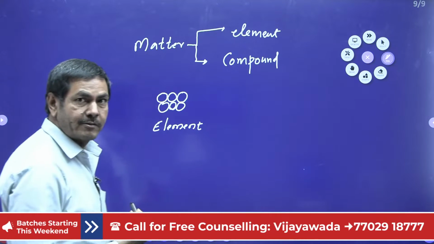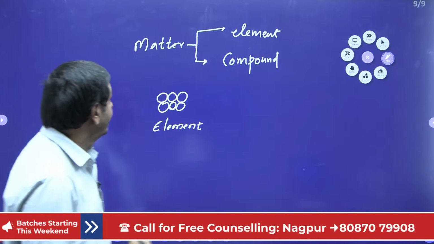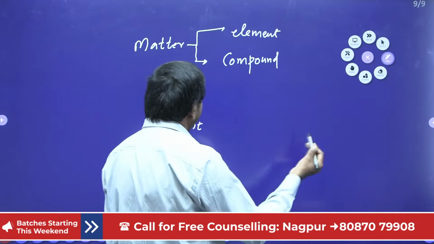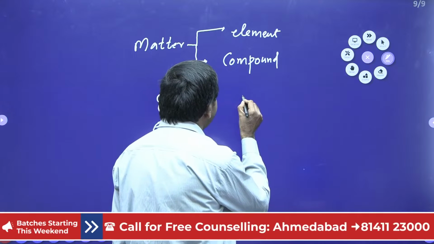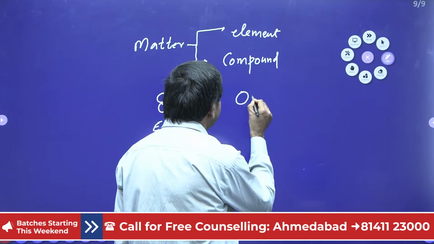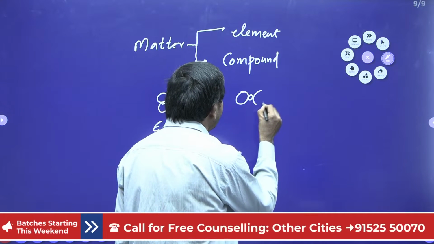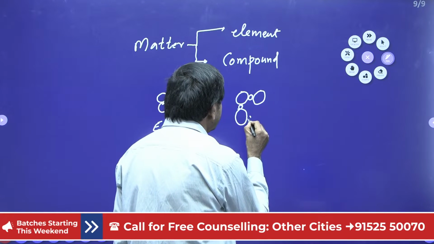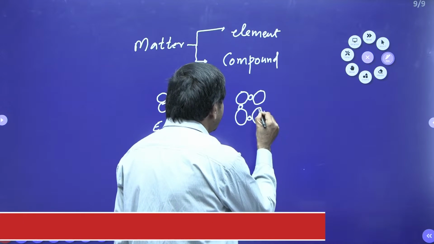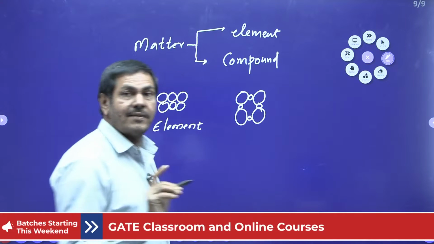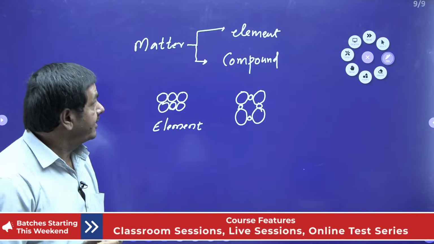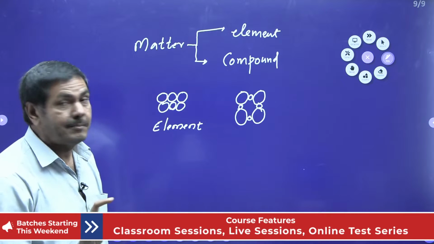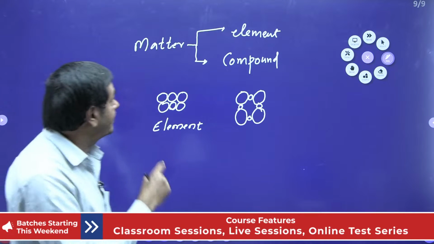Why this is required, you can understand clearly. If the matter, or the conductor, is formed by dissimilar size of atoms, a big one and a small one, and a big one and a small one, like this, then we call it a compound only.